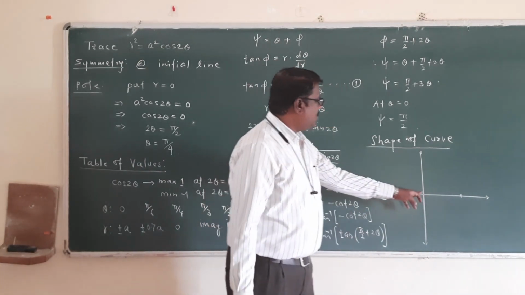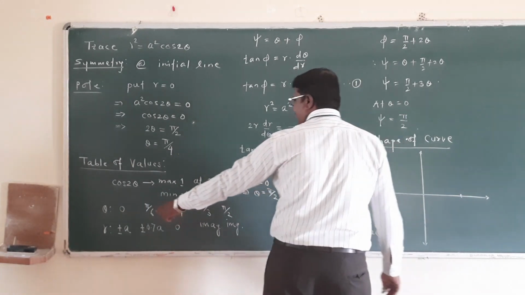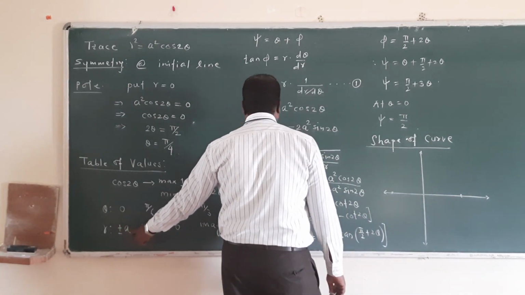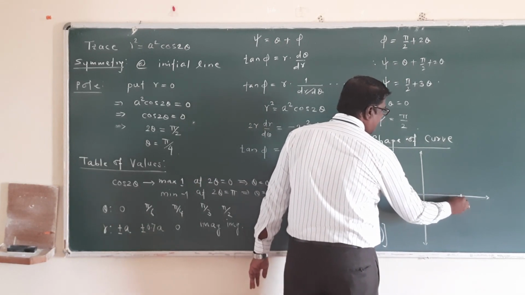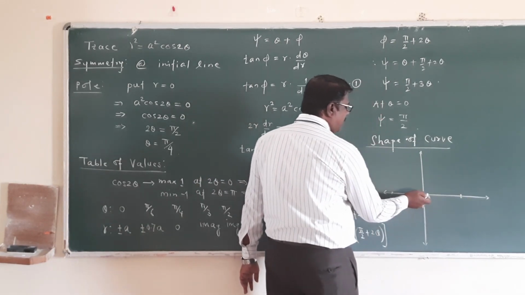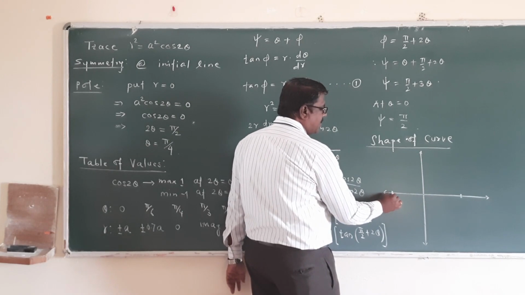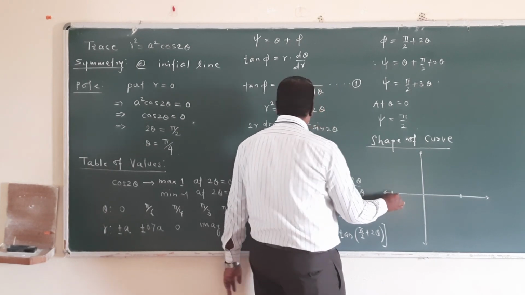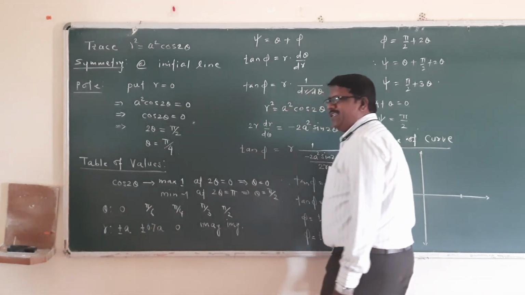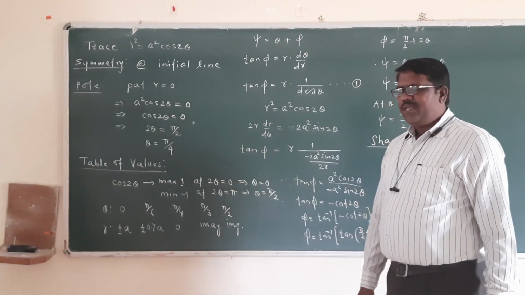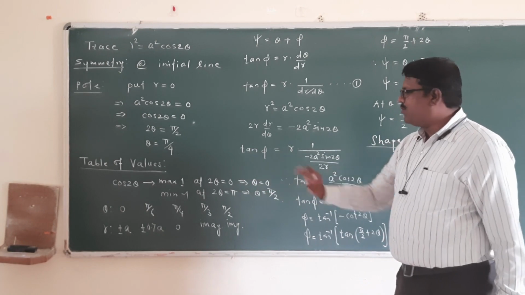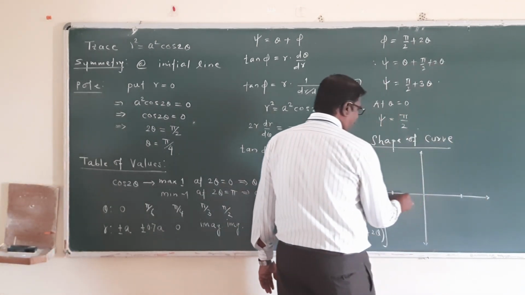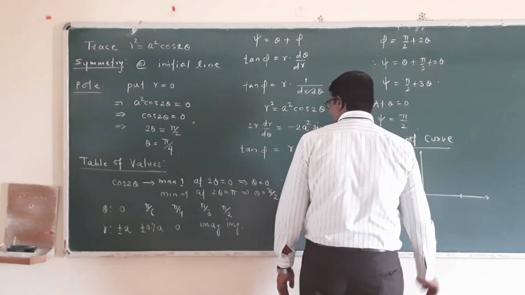When theta is 0, r is plus or minus a. Theta 0, r is plus a, it is on this side, and r is equal to minus a, it is on this side. So r is equal to minus a, actually distance is not negative. R is equal to minus a means what? Distance is a, but it is in the opposite direction. So the points are these 2 points.